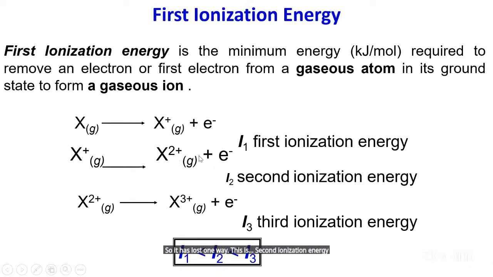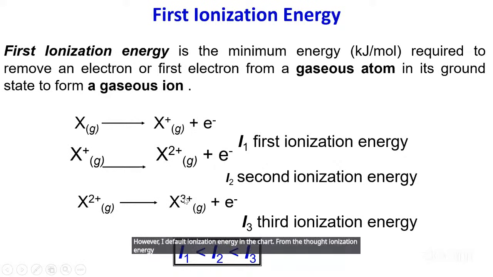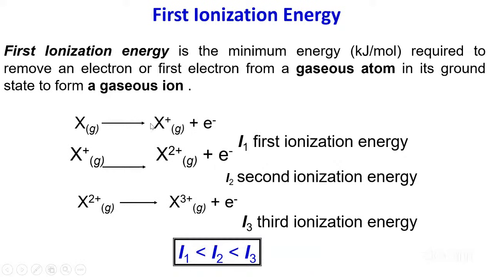The third ionization energy is actually going to come from the second ionization energy ion to give us the third ionization energy, and it can go on and on. Can we write the fourth ionization energy from the third ionization energy? For the second, third, or fourth ionization energy, you cannot just go from first to fourth or third.